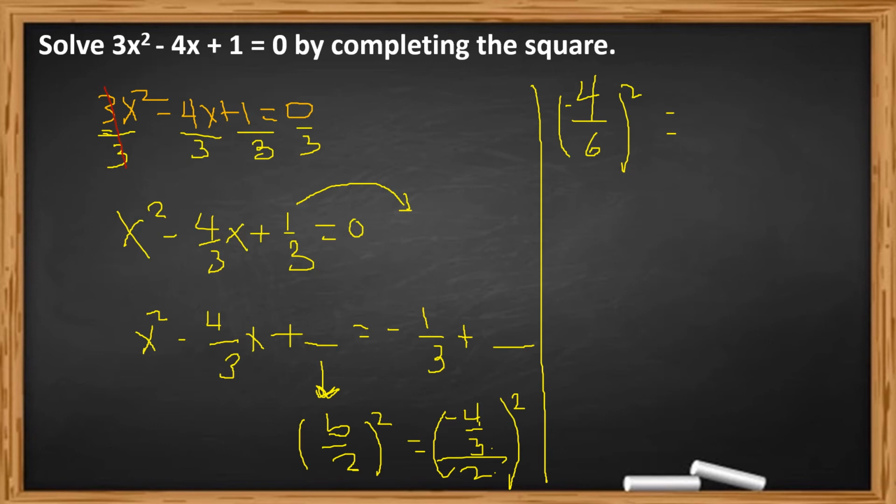So divide all the parts by 2. So that's negative 4 divided by 2 is negative 2 and 6 divided by 2 is 3. Of course, andyan pa rin yung square and we can square now. Negative 2 squared is positive 4 over 9.